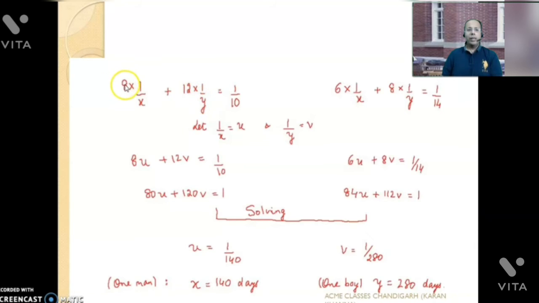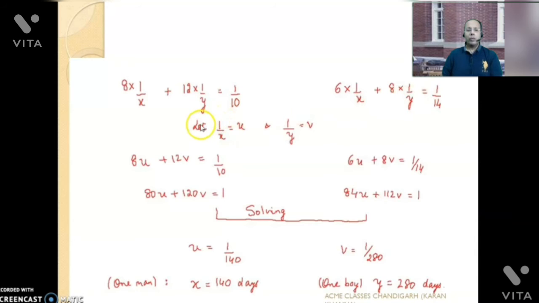And this is 8 men's one day job plus 12 boys' one day job is equal to one day's job, and the total time taken by both of them is 10 days to complete the entire job. So one day's job will be 1/10th. Similarly, for the second scenario, 6 men's one day job plus 8 boys' one day job is equal to one day's job, which is 1/14th of the entire total.